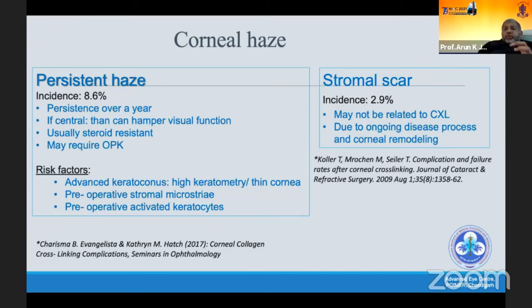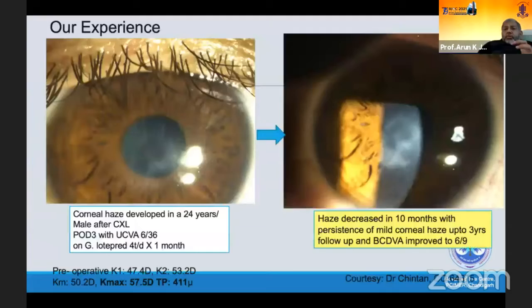And the stromal scar incidence is to the tune of 2.9%, and it may not be related to cross-linking. It may be just related to the keratoconus process and corneal remodeling in cases of keratoconus. And this is one case from, again, Dr. Chintan's clinic, showing a corneal haze which developed after the C3R.